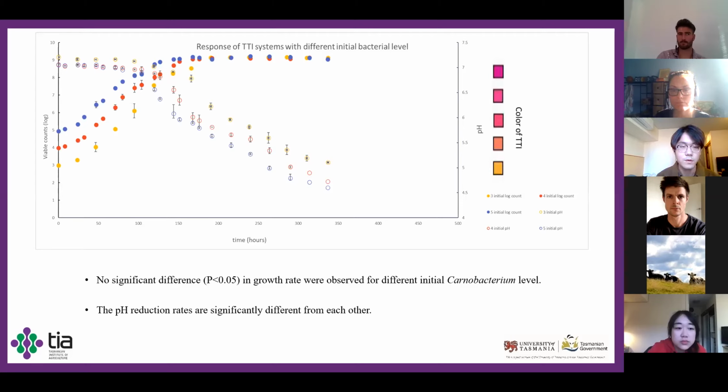In this graph, the yellow, red, and blue symbols represent the growth curves of 3 log, 4 log, and 5 log Carnobacterium. We found the growth rates are not significantly different between the different initial levels, but the pH reductions are significantly different.